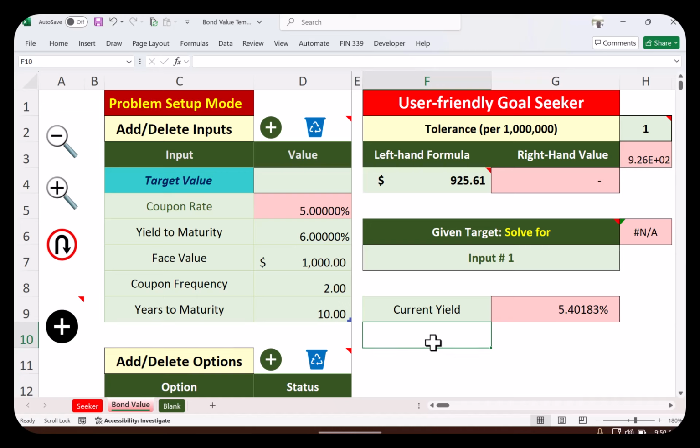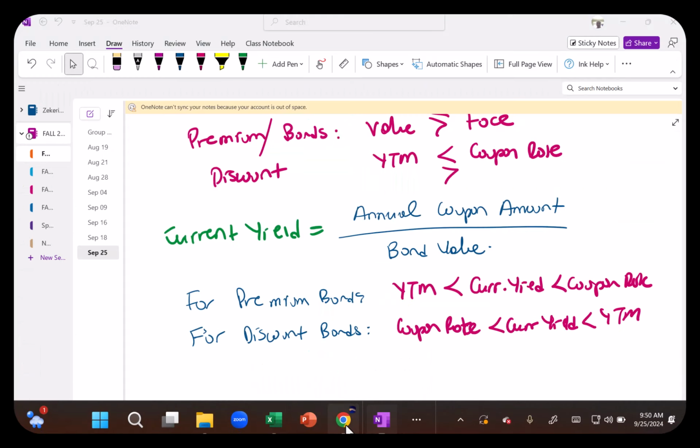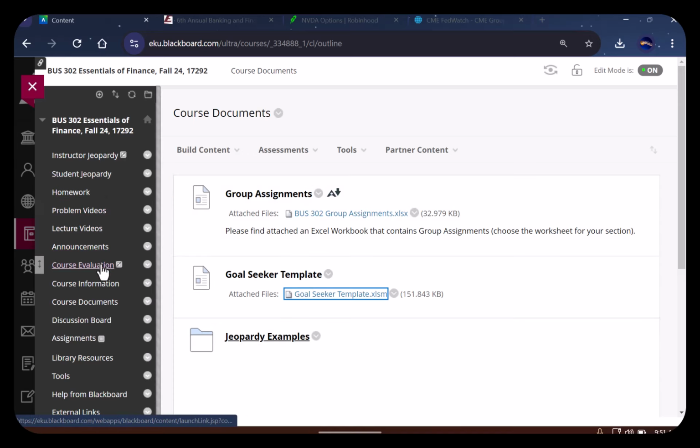Now, okay, I still have 30 minutes. So anytime if you have this sheet, I'm going to go ahead and post it as it is now. So if you want to work on it, you could. I'm going to put it under course documents for now.